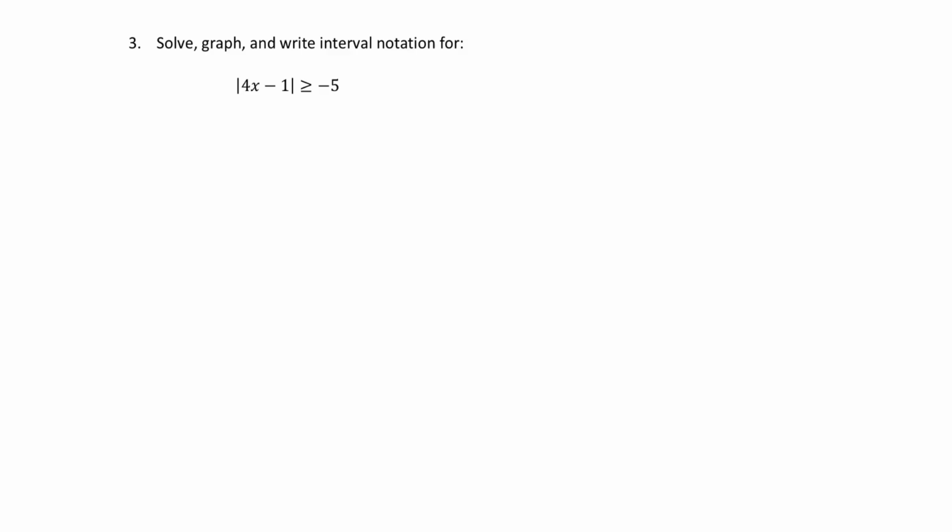Okay, this one is another greater than. However, it also has a negative. So because it's a negative, it's one of those special cases, and you can stop right here. Every absolute value, because it will be positive or 0, is greater than or equal to negative 5. Everything.